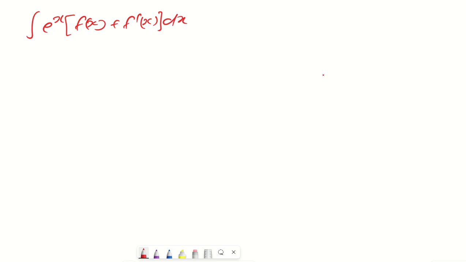Our aim is to show that this is equal to e to the power x f of x plus some constant c. So first we'll prove this and then proceed.